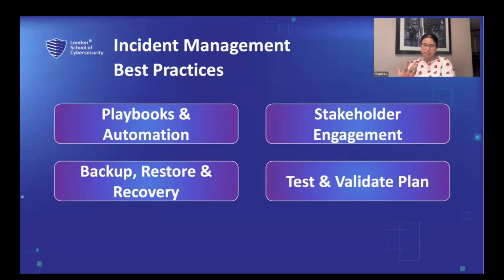A playbook is nothing but your process: if a ransomware attack happens, these are the 5 things I will do. Or if I lose customer data, these are the 4 things I will do to investigate. So a playbook is basically your process of what you will do when a particular incident happens.